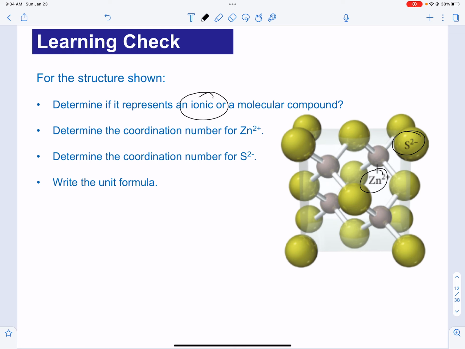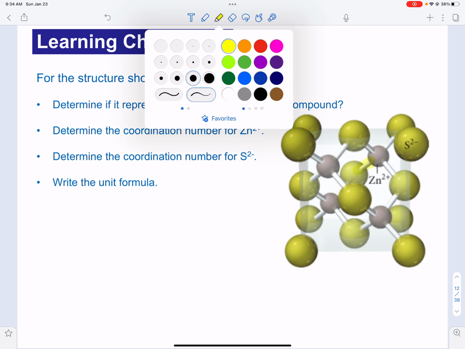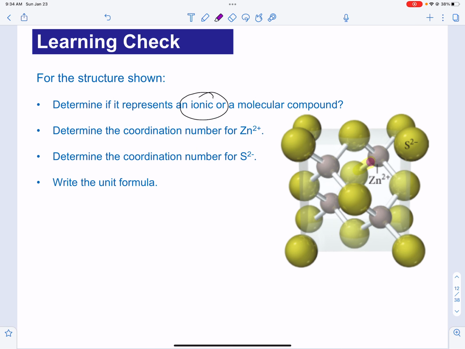Determine the coordination number of zinc. So what is that? Coordination number is nothing more than how many things are bonded to it. So we're looking at zinc. This zinc has 1 chlorine attached to it, 2 chlorines, 3 chlorines, 4 chlorines.